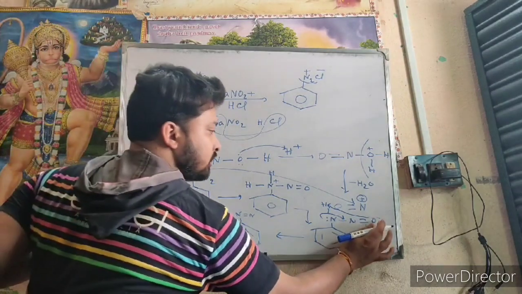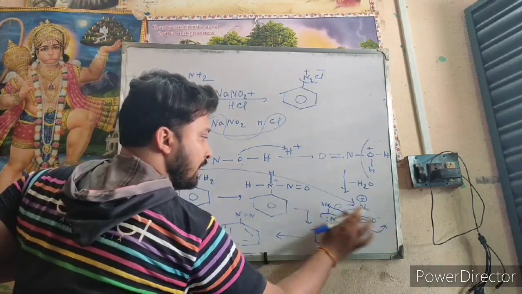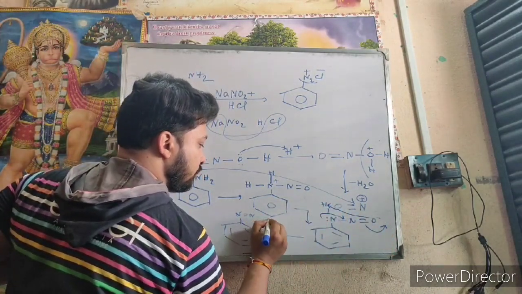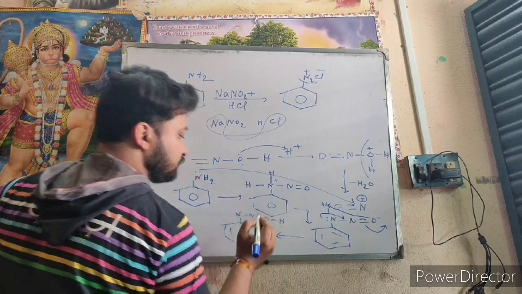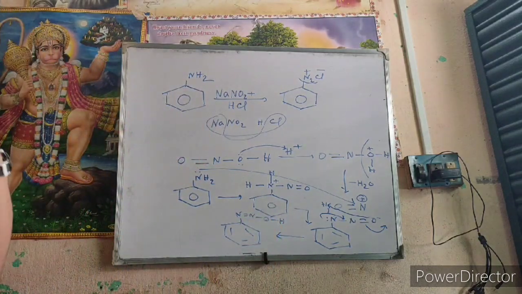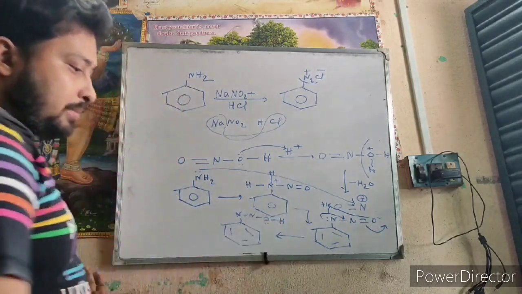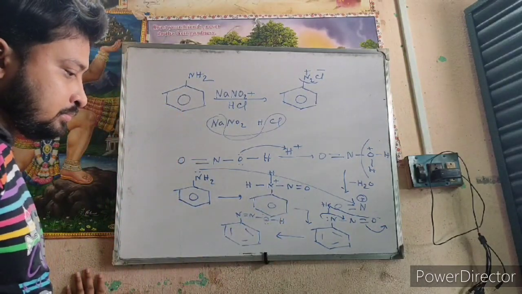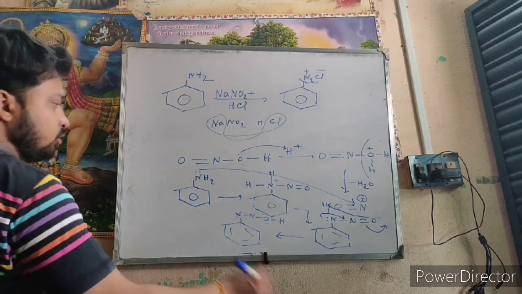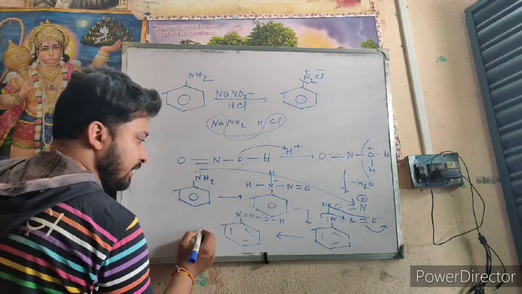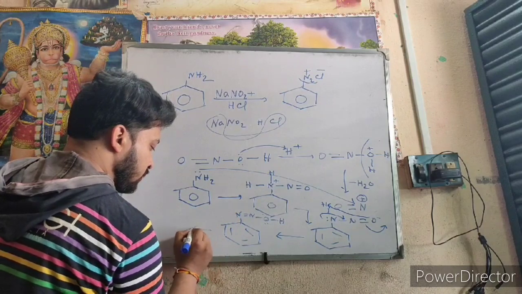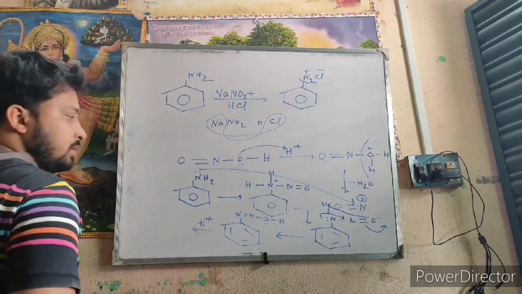So the compound is O and H, this is OH, and O has a lone pair obviously. Then you can add H plus.